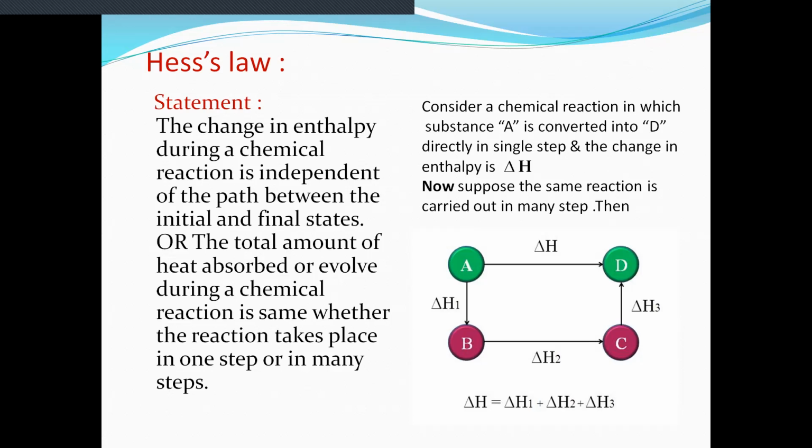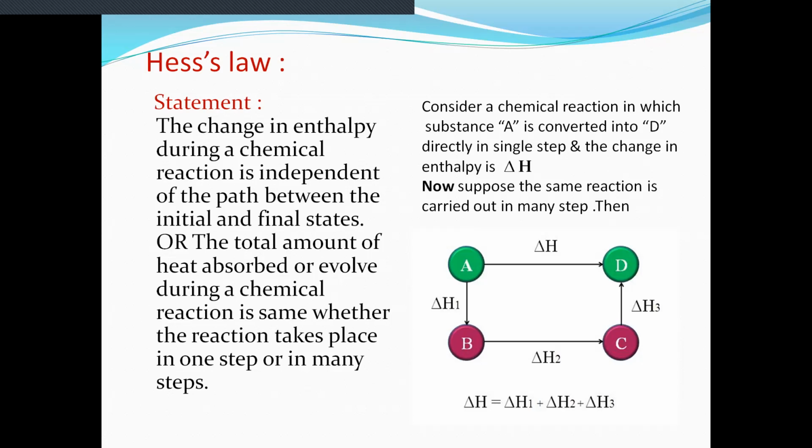But in the first reaction, or first process, the reaction takes place in only one step. That is, A is converted into D. Only one reaction, where A is converted into D directly. And in the second reaction, the same reaction is carried out stepwise, in many steps.